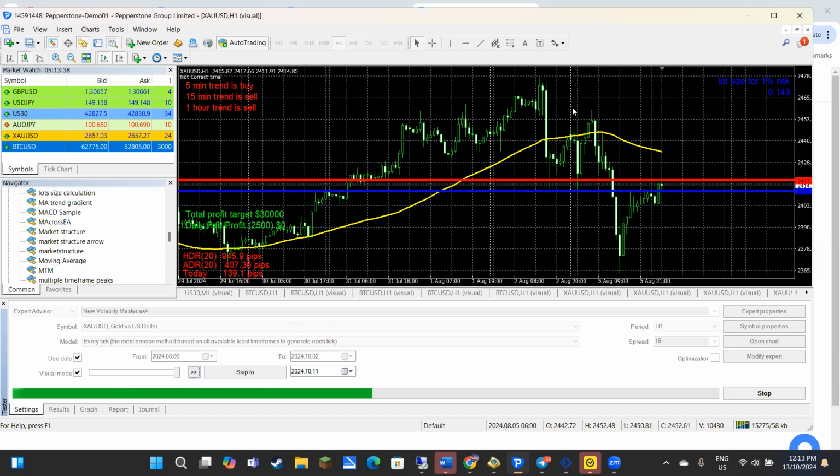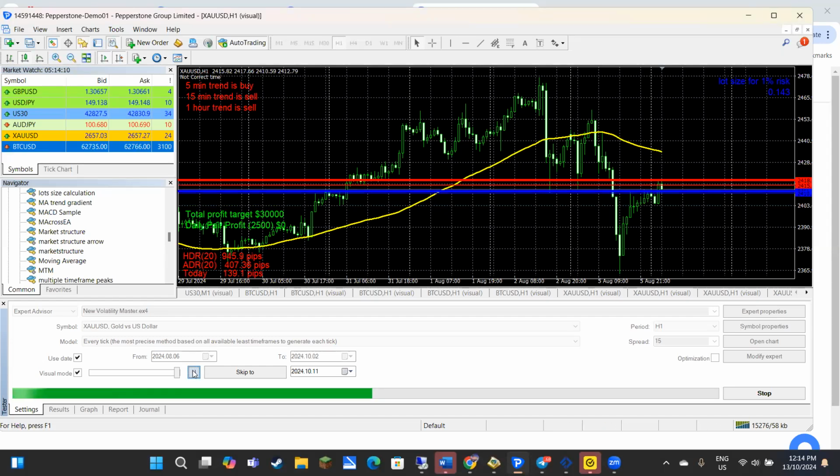It's not actually displaying the 1 hour range, but the 1 hour range would be the top of this candle here, and the bottom of the 1 hour range would be here. So this time, when it breaks below the 5-minute range and takes out a trade, it's actually going to place a stop loss 100 points above the 1 hour range.